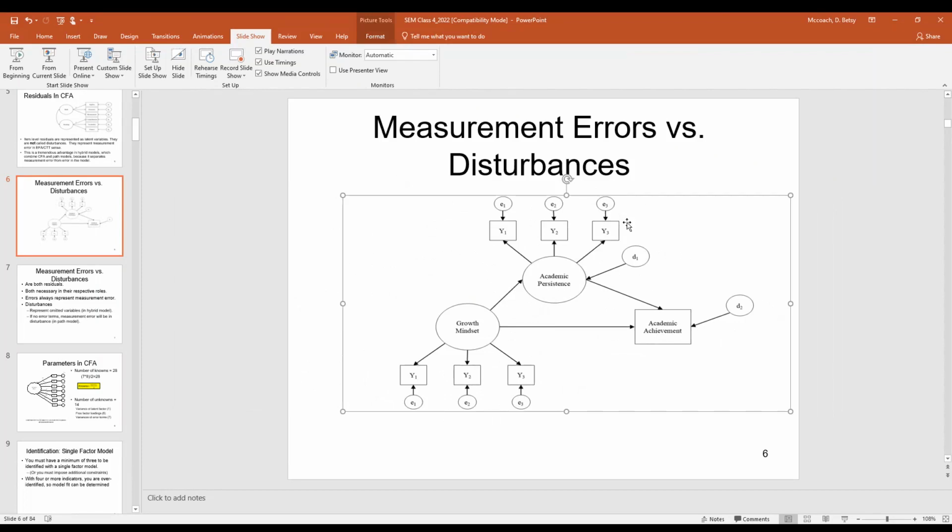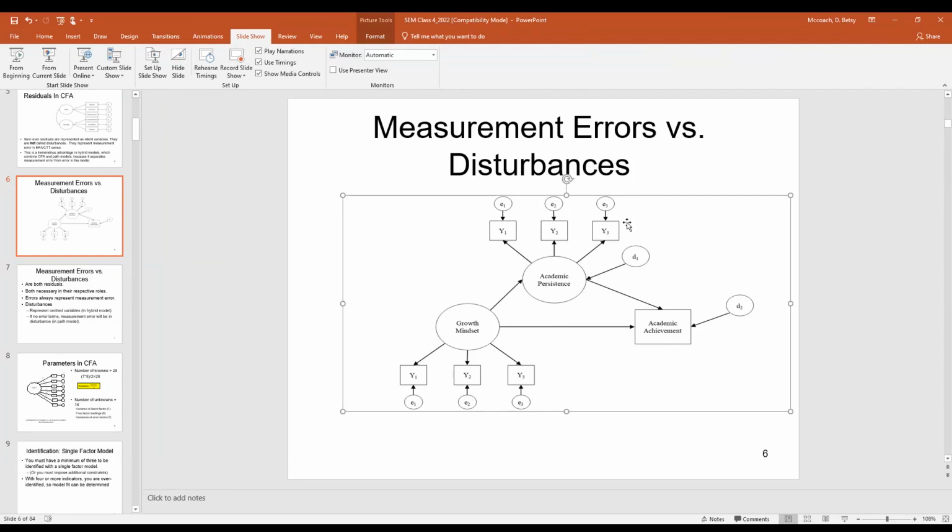That's the measurement error. And so the disturbance there, D1, is really just the piece of the latent variable, which is measured without error because it's latent, right? It's the variance in the latent variable that can't be explained by growth mindset.